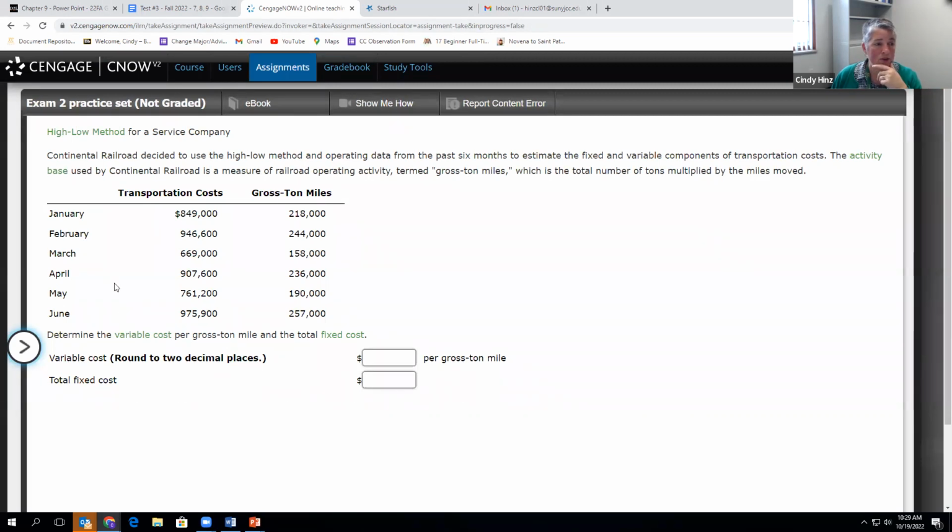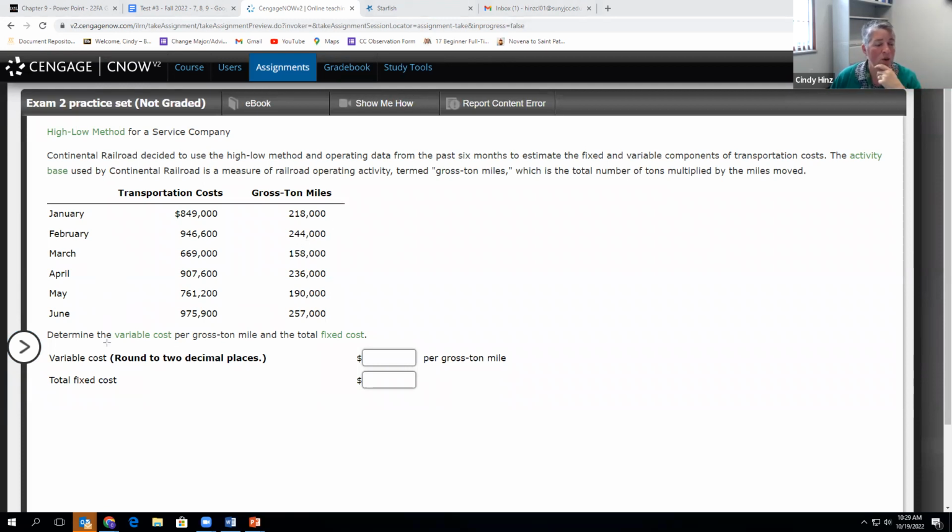Unlike the exercises we did in class, there are actually 6 months worth of data here, so it does take a little bit more insight to recognize the highest and the lowest points. So let's go ahead and identify those. Activity base is a measure of railroad operating activity termed gross ton miles, which is the total number of tons multiplied by the miles moved.